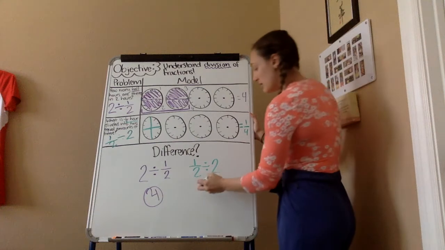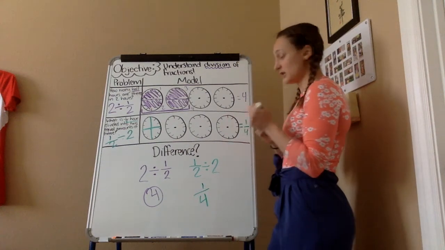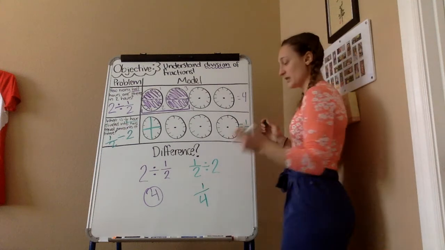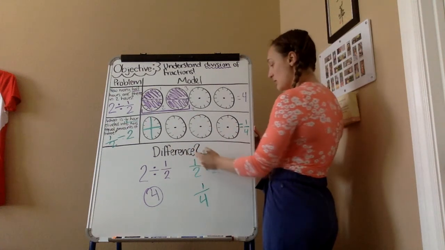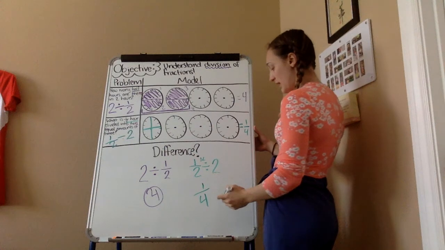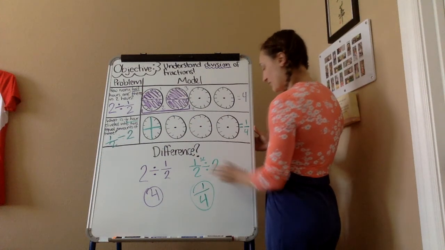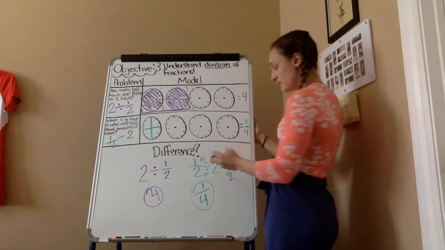Okay? And to prove this, all we have to do is check our answers with keep, change, and flip. So for the one we just did, for example, I am keeping my 1/2. I'm changing my division to multiplication.